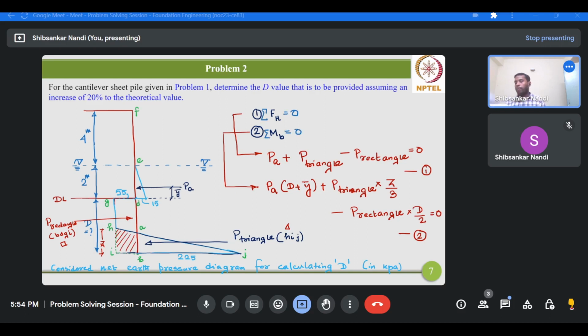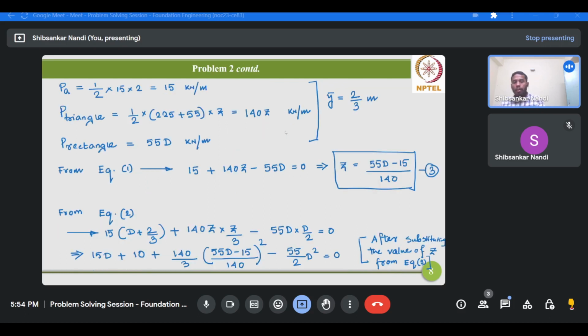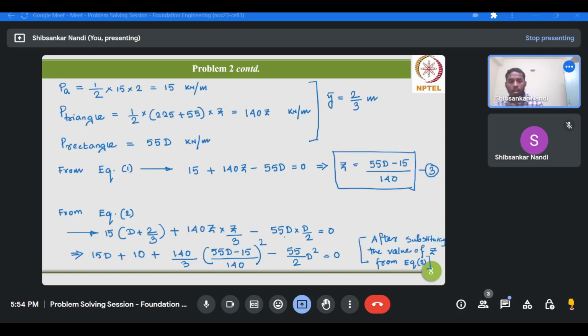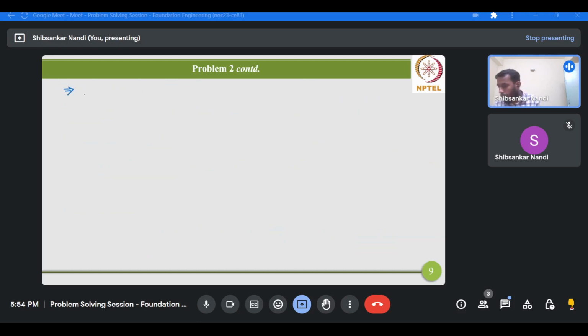Now as you can see, this is a simple quadratic equation in D. So if we simplify equation 2 further, it will become 8525D square minus 4650 times D minus 4425 equals 0. Suppose this is your equation 4.